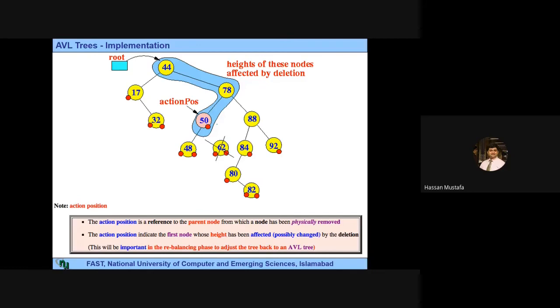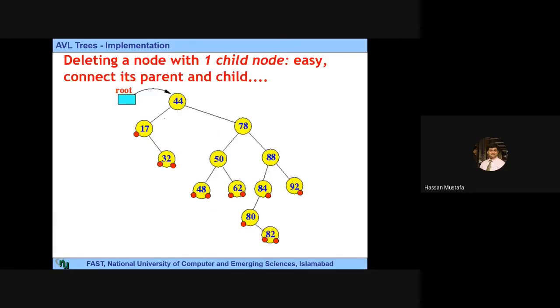So another scenario is that we want to delete a node that has only one child. So, for example, if we delete this node 84 from this tree, for a BST delete, what we just require is that we set the left child of 88 to be node number 80. We just change the address stored in the left child of 88.